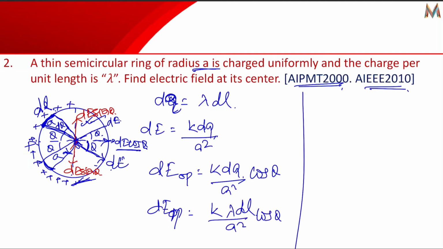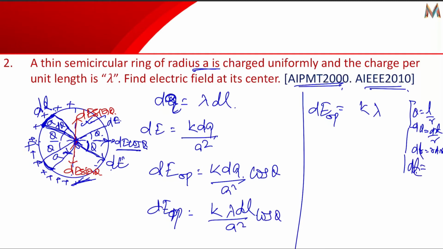To place the value of dl, we know theta equals L by R, so d theta equals dl by R. From that we can write dl equals R d theta, but here R is A, so dl equals A d theta.